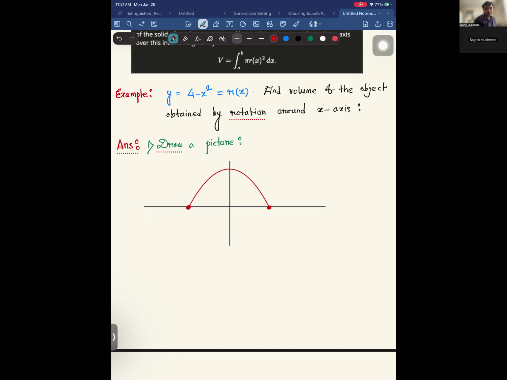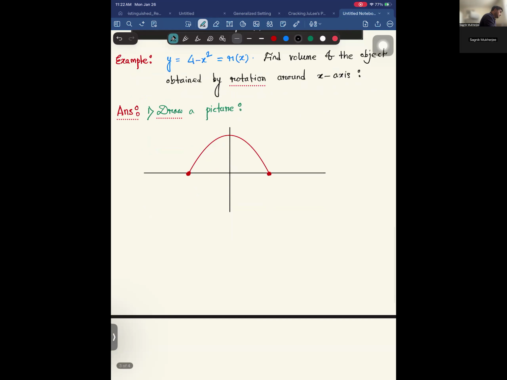So find out the points where y cuts the x-axis.